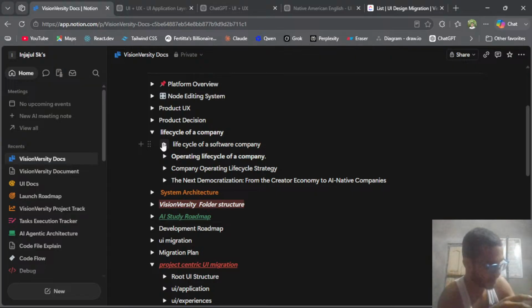One is psychology. In this paradigm, psychology is human behavior, and then we have economics. In this case, economics monetizes human behavior, and third, we have technology. Technology scales that behavior. As a builder, our job is to scale that behavior, and economics can take care of the monetization part.